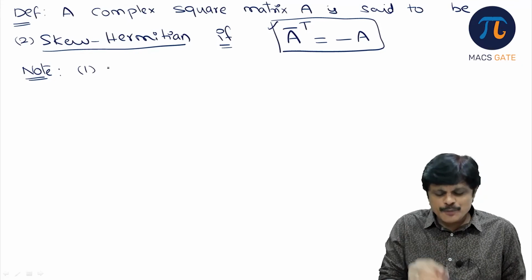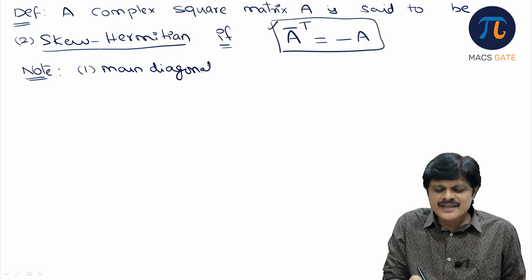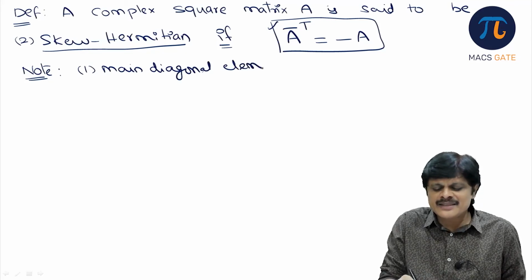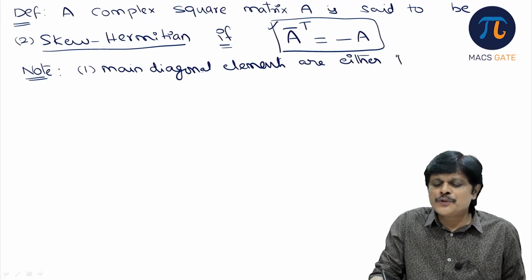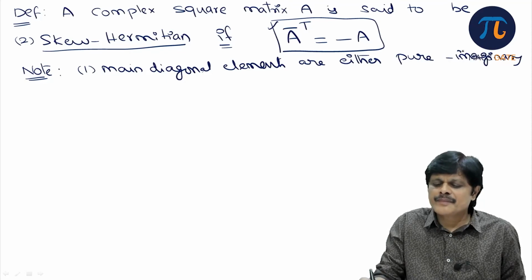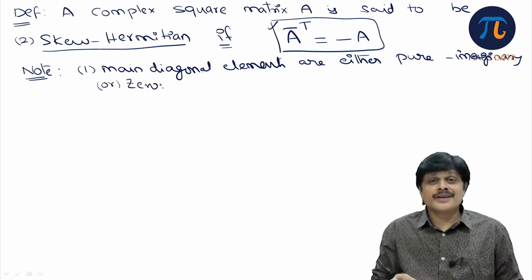The first point is the main diagonal elements for a skew Hermitian matrix. The main diagonal elements are either pure imaginary or 0.